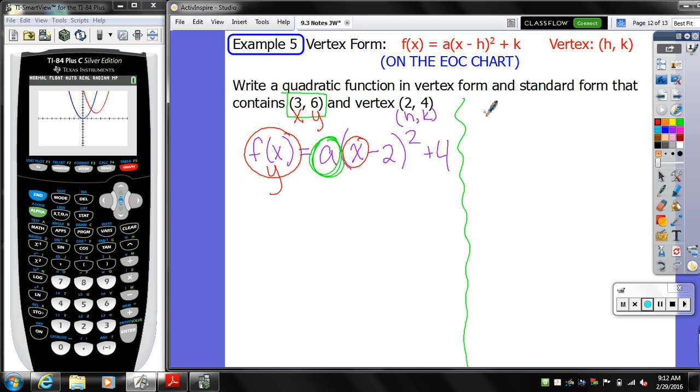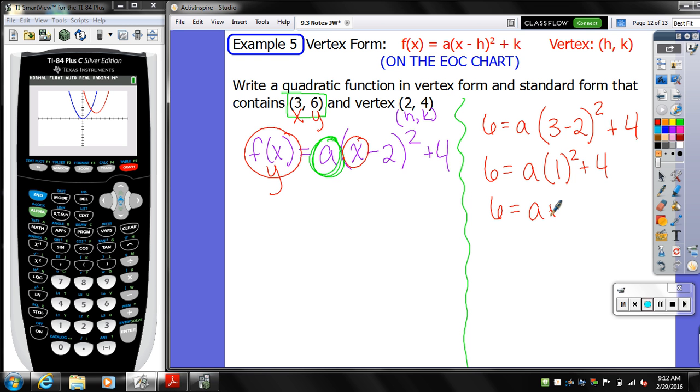So now, and here's my side work, I'm going to have 6 equals A times x, instead of an x, I'm going to write a 3, minus 2 squared plus 4. Now I just have to solve for A. So 3 minus 2, 6 equals A times 1 squared plus 4. So I know 1 squared is just 1, so 6 equals A plus 4.